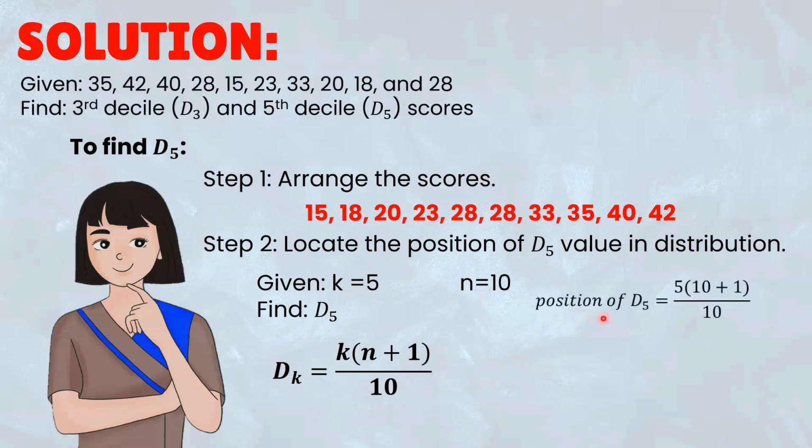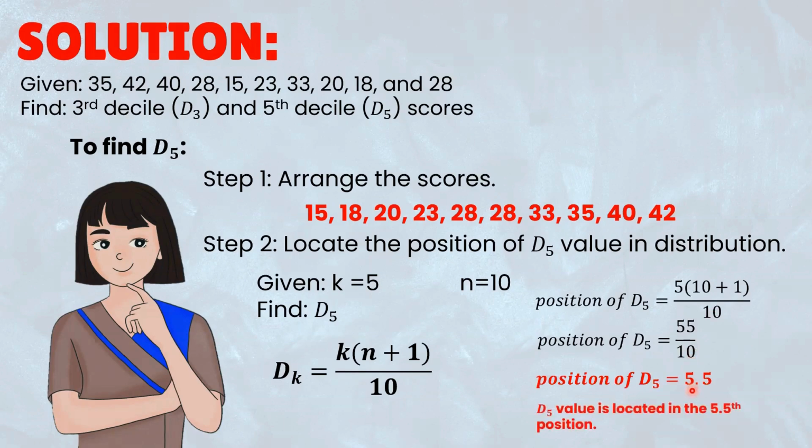So we have position of decile 5 is equal to 5. This is our value for k. We replace n by 10. Then we copy the rest of the formula, plus 1 over 10. We perform the operation. We have 10 plus 1 is equal to 11, times 5, that gives us 55, and then over 10. 55 divided by 10 gives us 5.5.